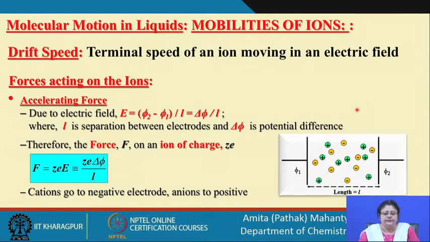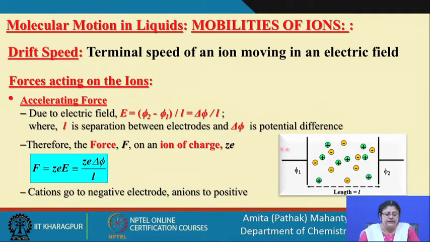The driving force is the potential gradient. We have the electrodes connected to a battery system, so the complete diagram will have a battery like this. The circuit is completed, and the movement of the ions through the solution actually completes the circuit.